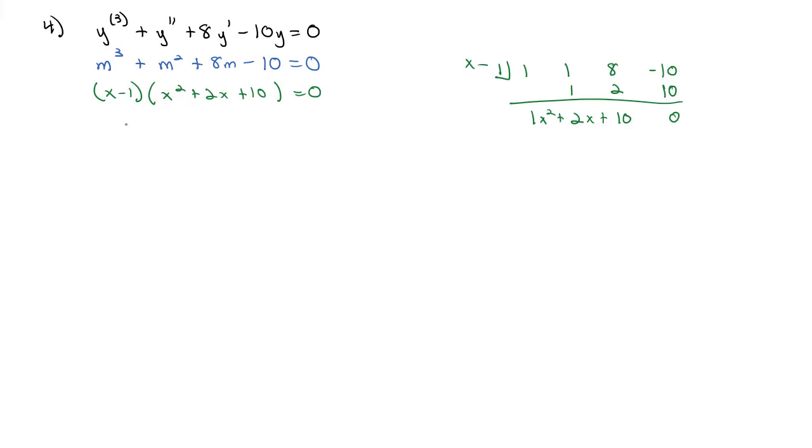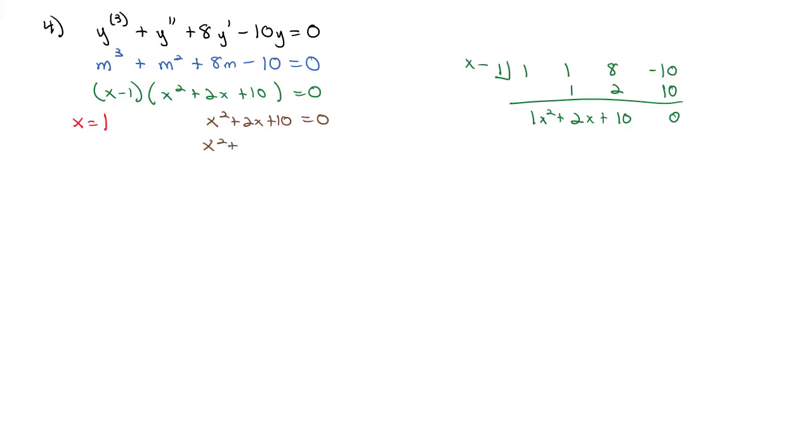Setting each factor equal to 0, that second factor doesn't factor any further. So I do know that m equals 1 is a solution. But on that other one, m squared plus 2m plus 10 equals 0, I'm going to complete the square on that one as well.